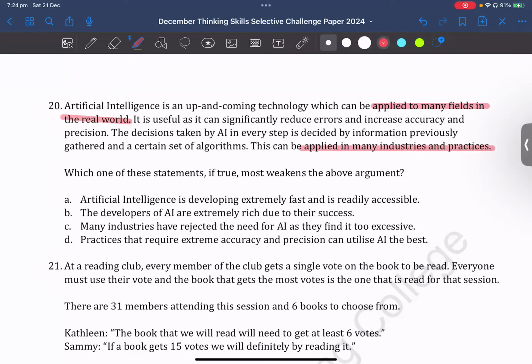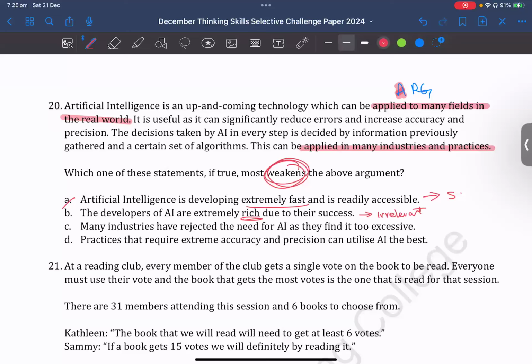So we're trying to weaken the above argument and we're trying to say, okay, it cannot be applied to many fields. So going through, A is incorrect because it's saying it's developing quickly and is readily accessible. This strengthens. And remember, we're trying to weaken the question. B, developers are extremely rich. This is irrelevant.